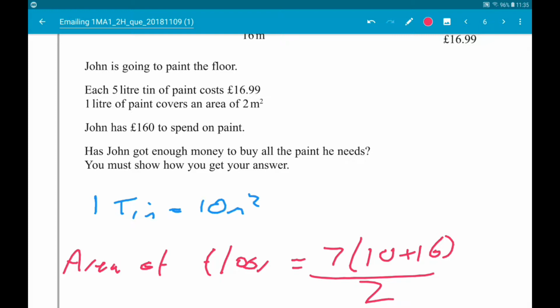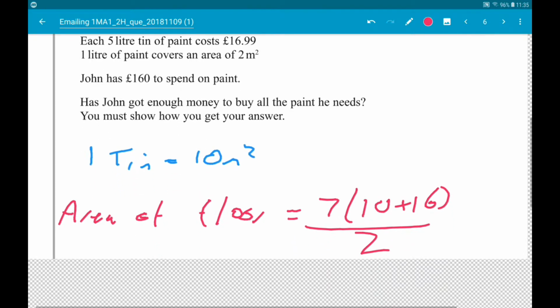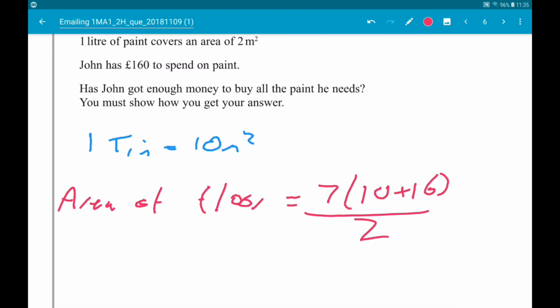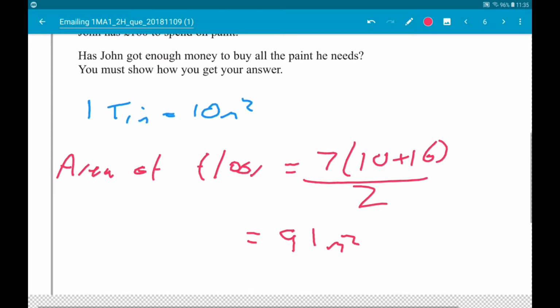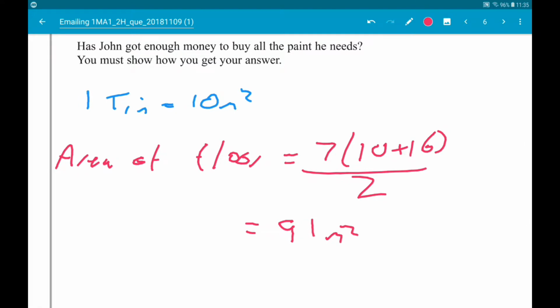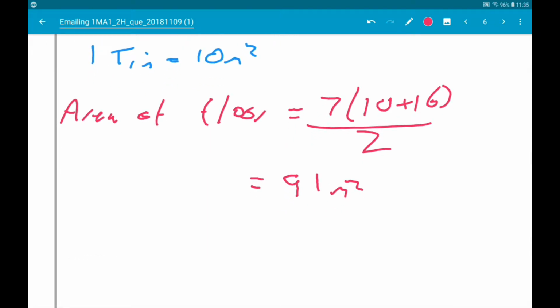This should give you 91 metres squared. Okay, so if we then do 91 metres squared divided by the area one tin covers, so 91 divided by 10, it's going to give us 9.1. So that's how many tins are needed.